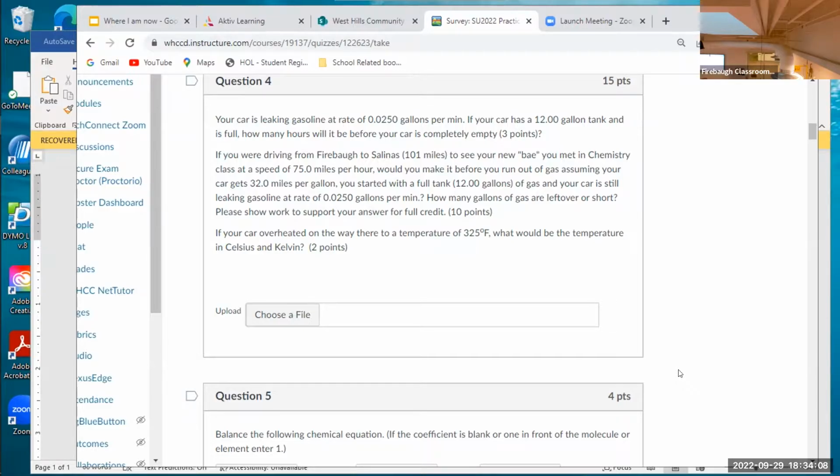That is 1.35. Okay, so then we have hours. So what are we going to do with that?